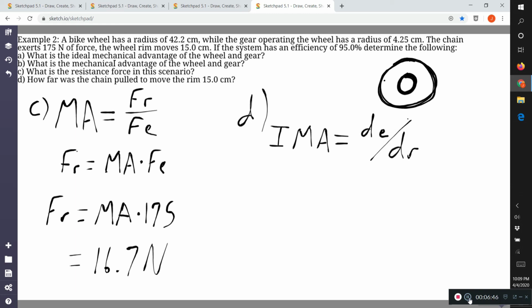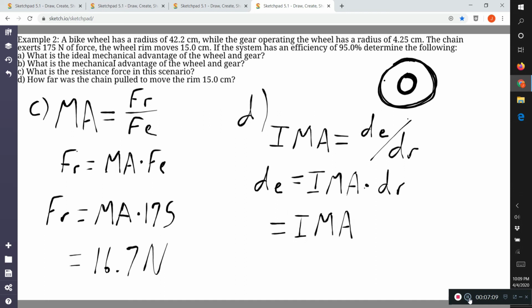Now, here we're looking for how far the chain was pulled. That's our effort distance. So our effort distance is the ideal mechanical advantage times the resistance distance. So we have to go back and again use the full value. We can't use the rounded value, but our resistance distance is the 15.0 centimeters. So we'll call that 0.150.